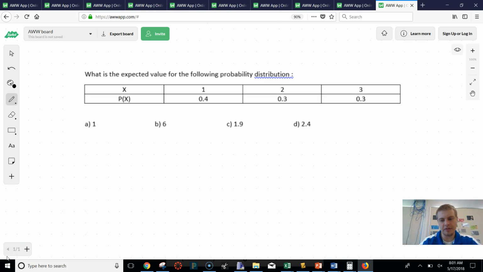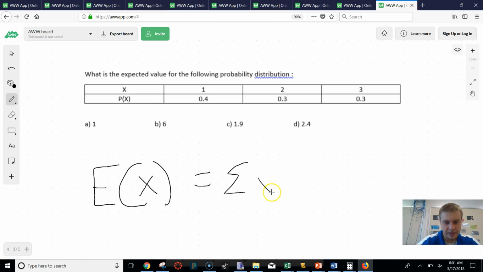We need to find the expected value. So expected value is that E of X formula, which is the sum of the x sub i's times the p sub i's. Or an easier way of saying this is multiply all these things and add them up.